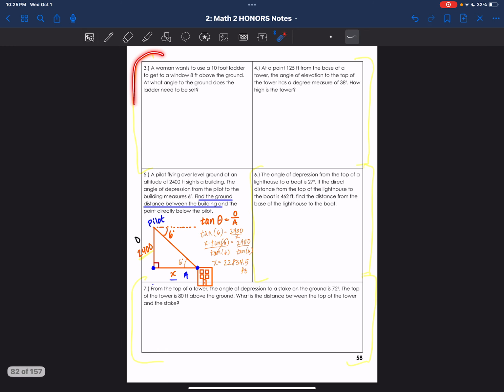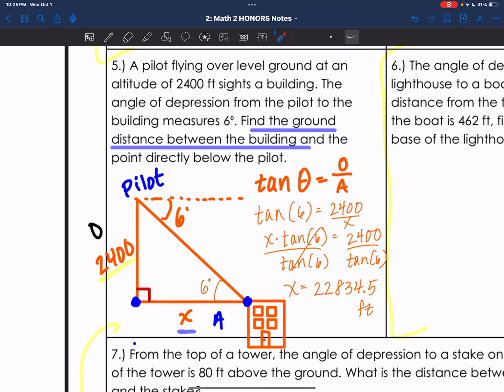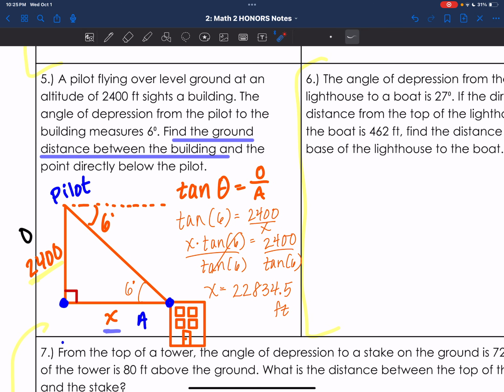All right, I want you to try these, and then I want to do number 5 with you. So here we have a pilot flying over ground level at an altitude of 2,400 feet. So your pilot's up here, and he sights a building with an angle of depression. Notice he's looking down. So the building's right here.